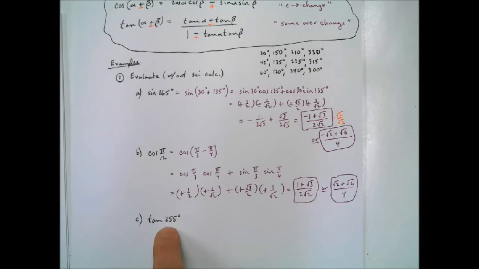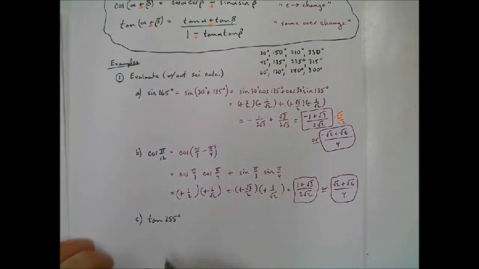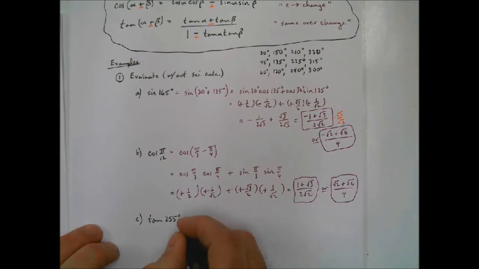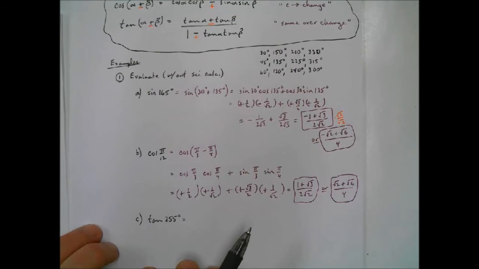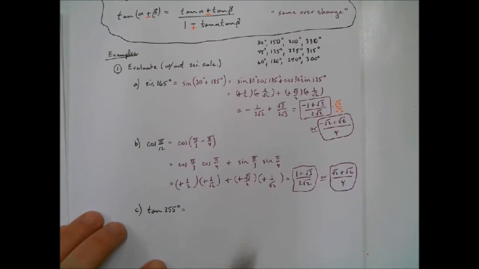Always make sure that it has a sum or difference of what you're supposed to. It's really sad when we see some students that don't even pick out two angles that have the correct sum or difference. So be careful with that.